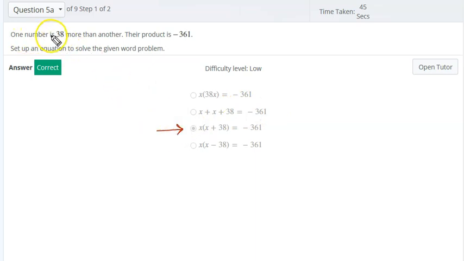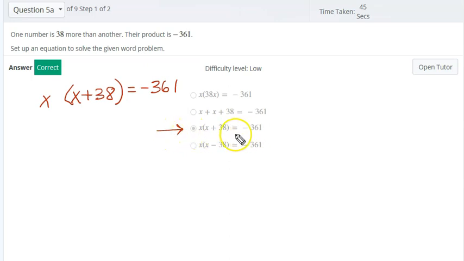So it says one number, which will be x. The other one is 38 more than that number. So that would be x plus 38. And then the product of these two numbers, you have to put that in a parenthesis, is going to be a negative 361.